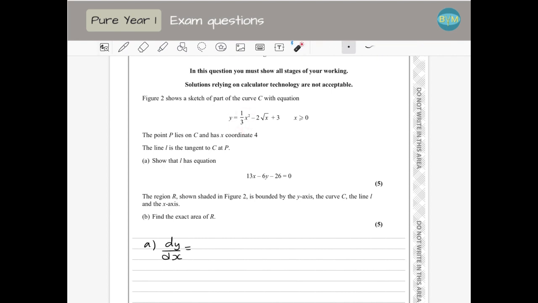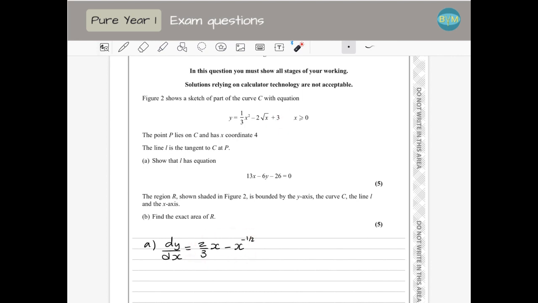If I derive, I have 2 times 1/3 x, so 2/3 of x. And then the square root is x to the power of 1/2. So x to the power of 1/2, I multiply the 1/2 by 2, so it's gone. And then I have minus, and x to 1 degree less, so 1/2 minus 1 is minus 1/2, and the 3 is 0. So this is my derivative function.